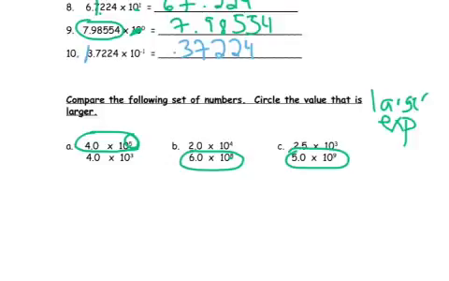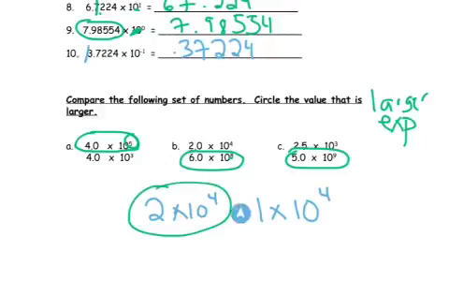So for example, if I would have given you 2 times 10 to the 4th, and let's say 1 times 10 to the 4th. My exponents are the same here, so therefore right now I need to look at the value out in front. 2 is larger than 1, so this would be larger than this one.